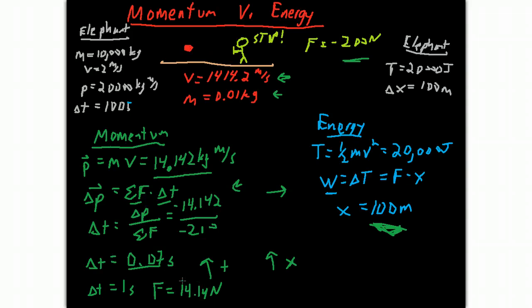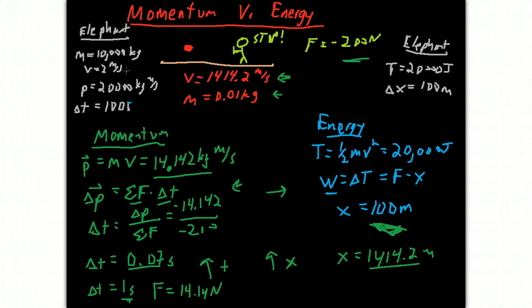So it's very easy to stop a bullet if you're able to give yourself enough time in order to stop it. It's not that hard. The difficulty, of course, would be that this distance would shoot up to 1,414 meters, or basically a kilometer and a half or a mile we'd be looking at. So, great. You wouldn't have to apply much force to stop a bullet in 1 second. You just need a mile over which to do it.